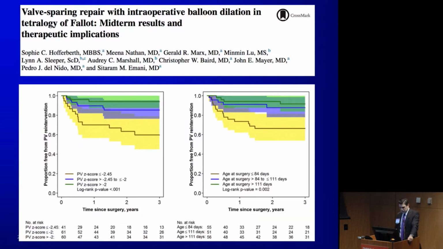This here is looking at the freedom from pulmonary valve reintervention rates, and these are stratified here to your left by pulmonary valve Z-score, and you can see as the valve became smaller, the risk of reintervention became greater. And then similarly, stratified by age on the right, the younger patients obviously had a higher risk of reintervention over time.